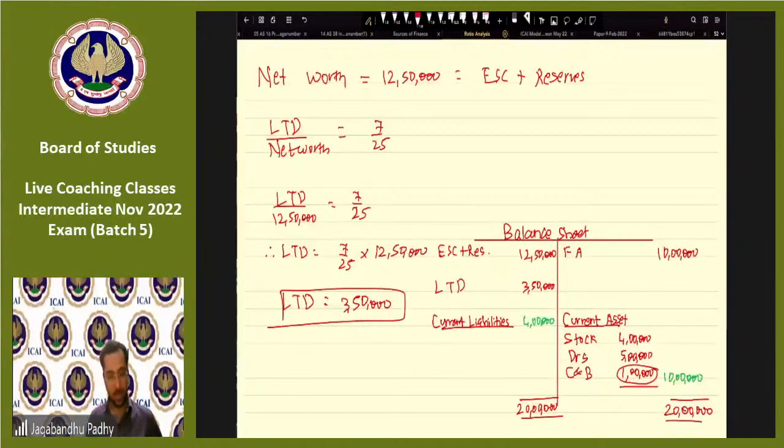Are you getting this balance sheet tallied amount of 20 lakhs? Balance sheet is 20 lakh, right? Yep. Karthik, profit is already included in this portion because it is equity share capital plus reserves.